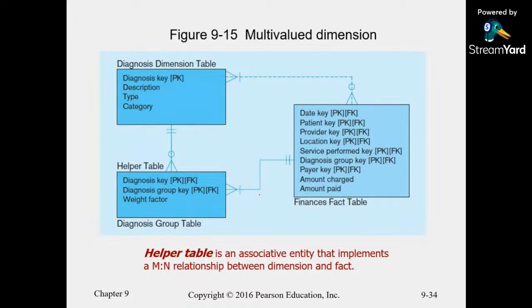In a data warehouse, this is facilitated through the use of a helper table, which is an associative entity between the fact and the dimensions.